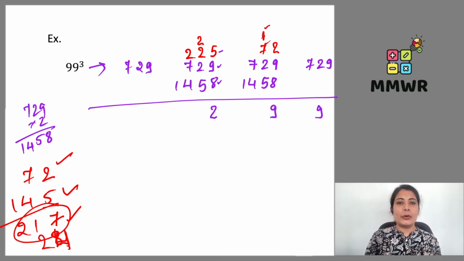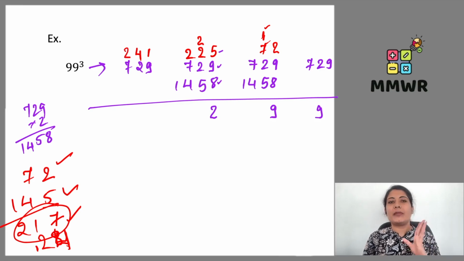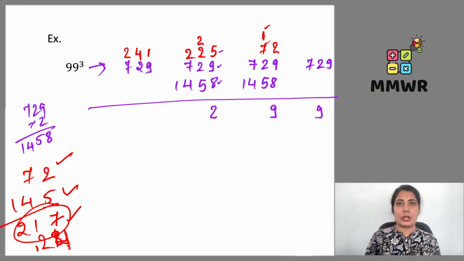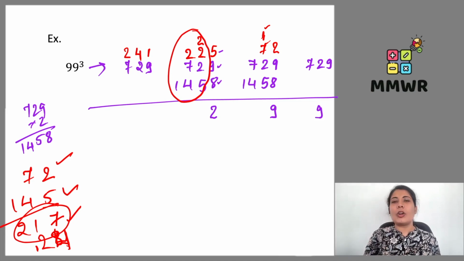So 7 plus 4, 11, carry over 1. 1 plus 2 plus 1 is 4 and 2 as it is. So 241 we will carry forward to the next column. Second column from the leftmost corner gives me 2412. So 2412 I'll forward to the next column.